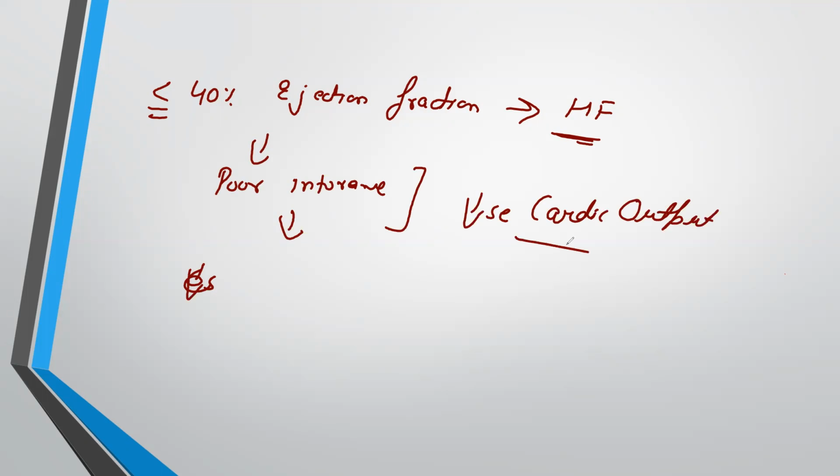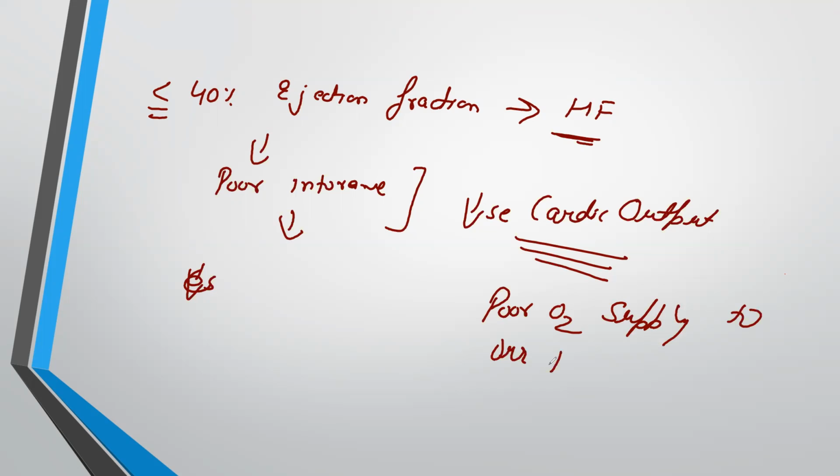When the cardiac output decreases, the body will not be able to tolerate activity, and that can lead to poor O2 supply to our tissues and organs. Understand?